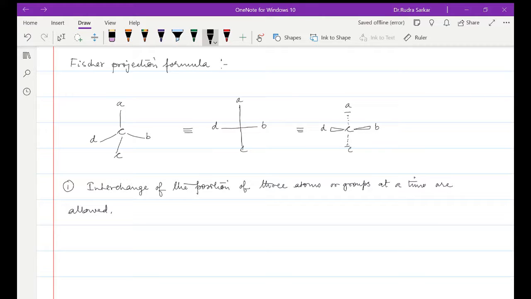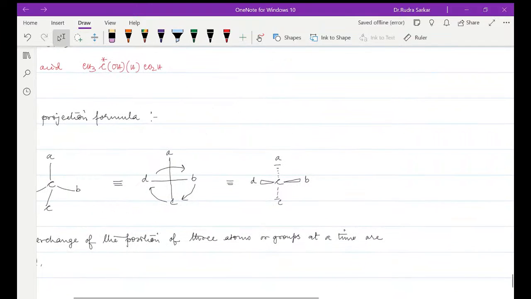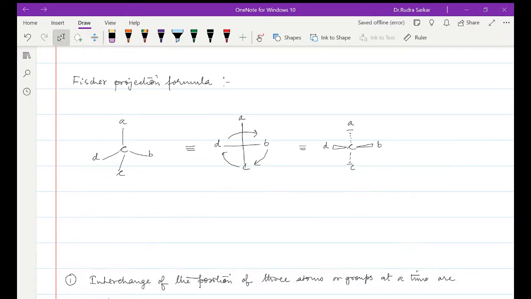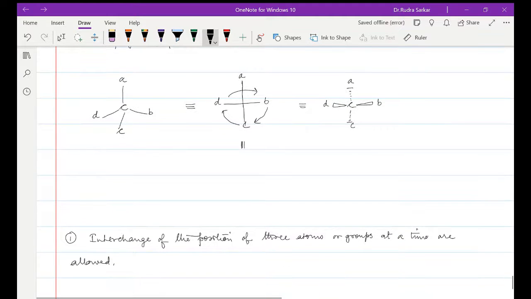So what it means, if I change from the position of B to C, C goes to D, D goes to B, the molecule that will be generated over here, so if I represent it in the following manner, these two representations, which is Roman 1 and Roman 2, they are identical.